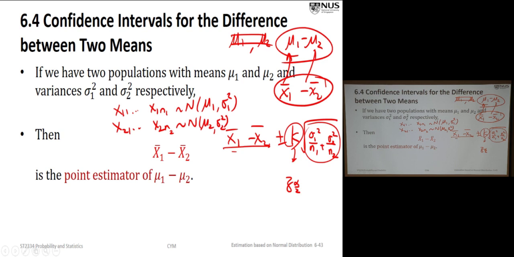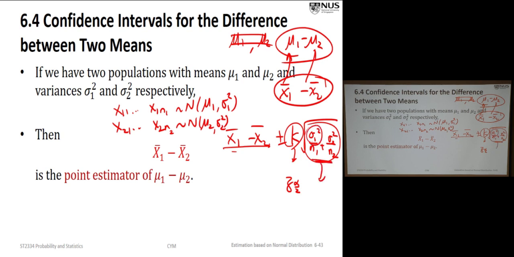So, what happens if we don't know sigma 1 square, sigma 2 square? Then can I just replace these by S1 square?